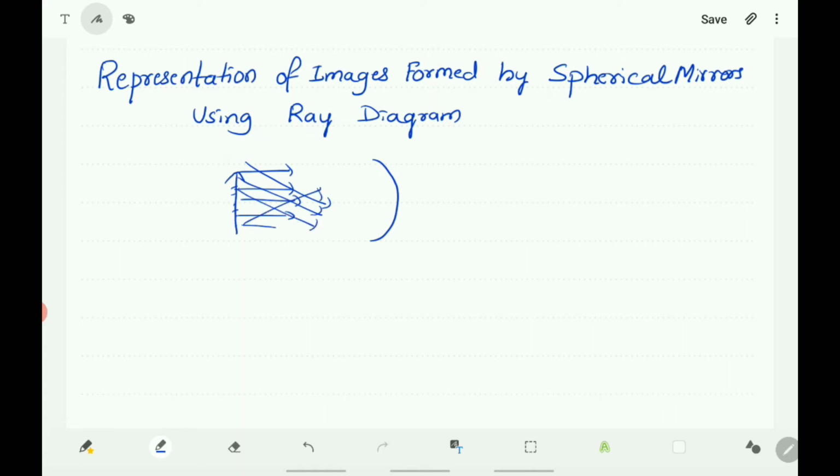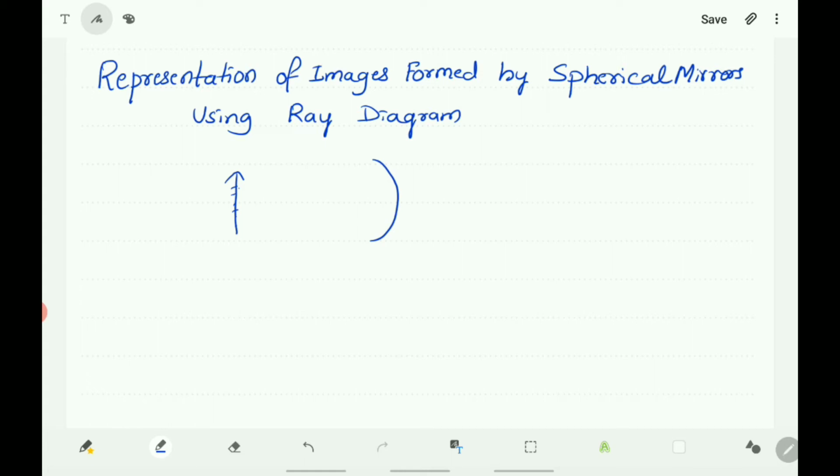To construct the ray diagram and locate the image of the object, a large number of rays from the object are available. But to get clarity, it is better to use only 2 rays.